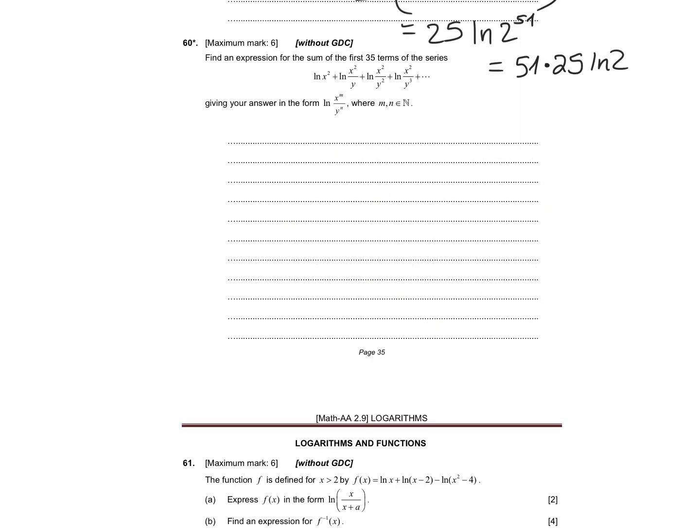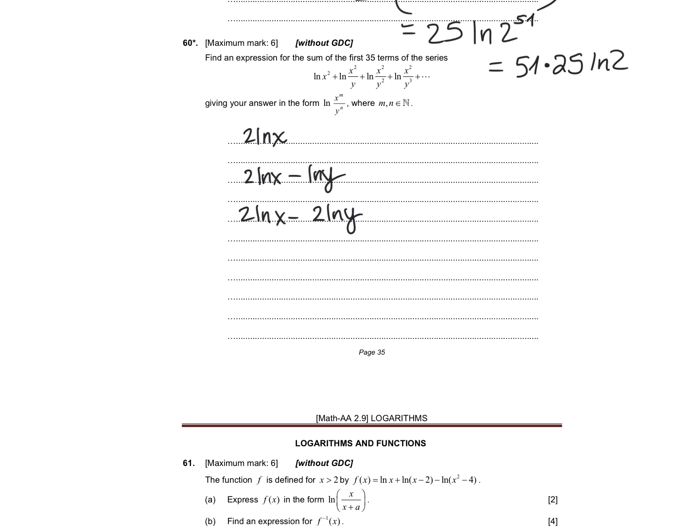So 60, find an expression for the sum of the first 35 terms of the series, giving your answer in the form that. Okay, so 2 natural log x. And then the second one is 2 natural log x minus natural log y. And then it's 2 natural log x minus 2 natural log y.